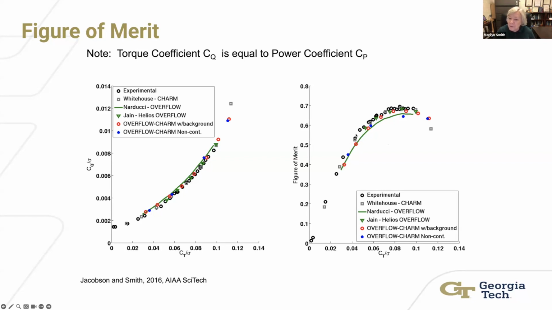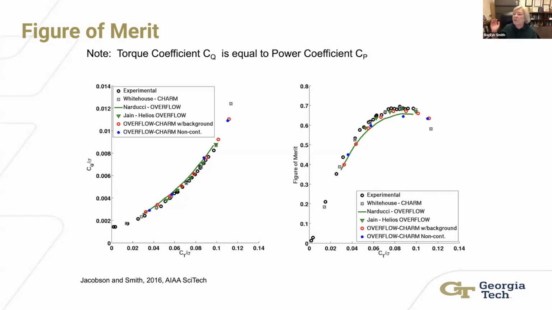But it still pales in contrast to the 30 to 45 minutes per point that's done by Whitehouse with CHARM. So you see, you can throw a huge amount of resources at it and you can get close to the results. But if you don't throw a lot of resources at it with URANS, you won't get close to the results. And sometimes simple things are closer.